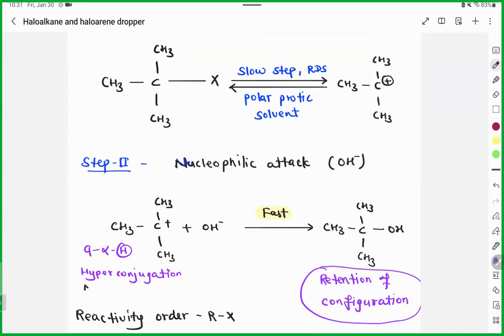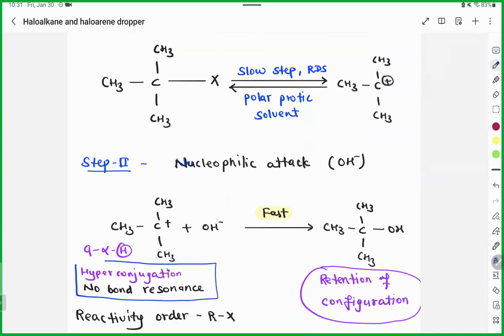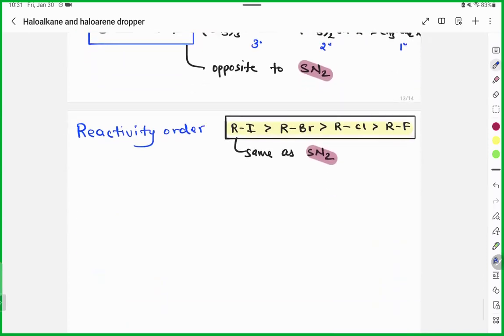No bond resonance, also called the Baker-Nathan effect. Because of this no bond resonance it is stable, and the more stable carbocation is preferred. Correct? When you are talking about stability, hyperconjugation is one effect that provides more stability.